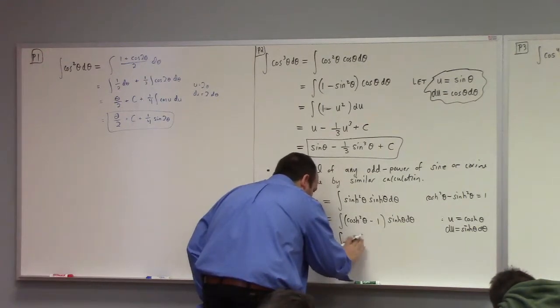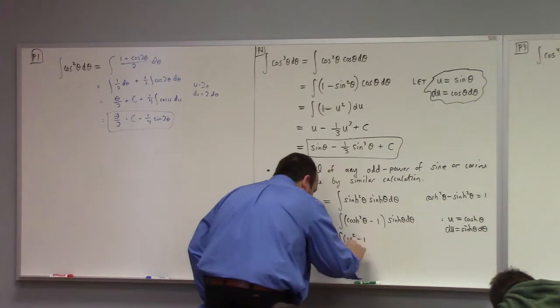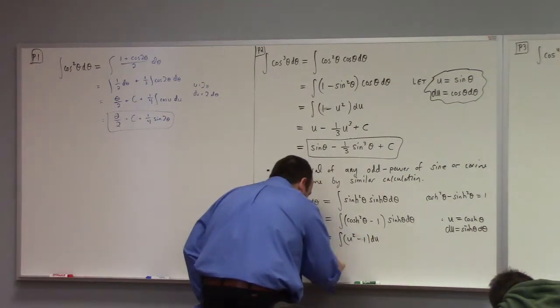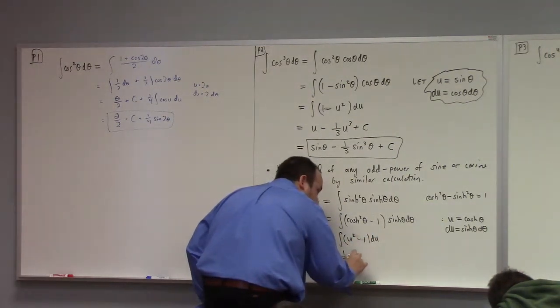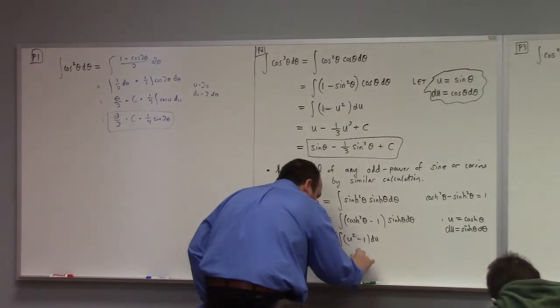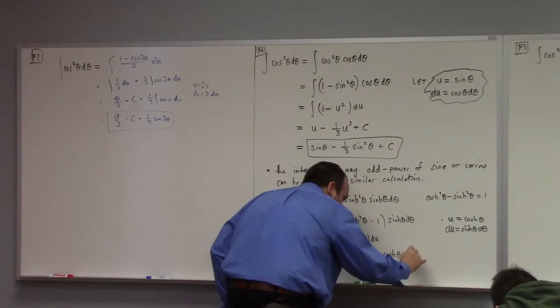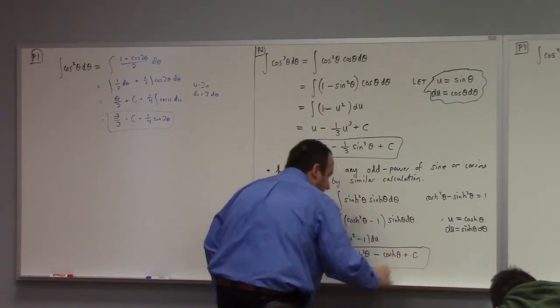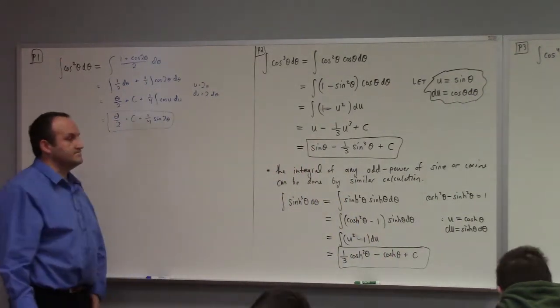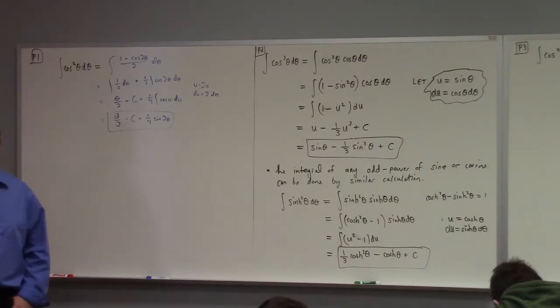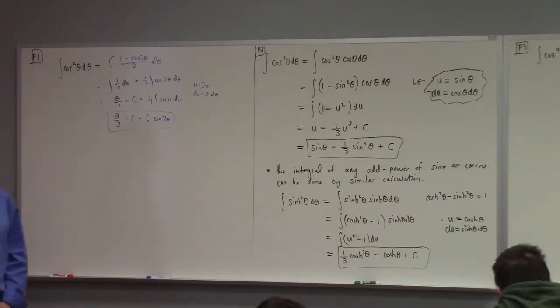So we got u squared minus 1 du, and I'll just go ahead and get straight to the answer. 1/3 cosh cubed theta minus cosh theta plus a constant. There you go. Enough of that for now. I'm going to go on.